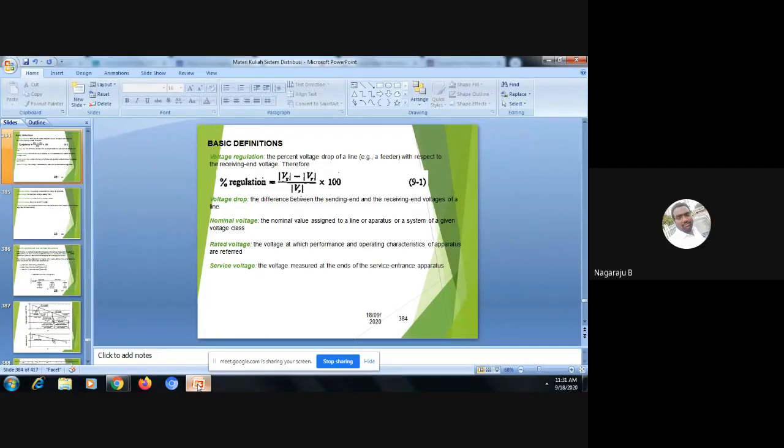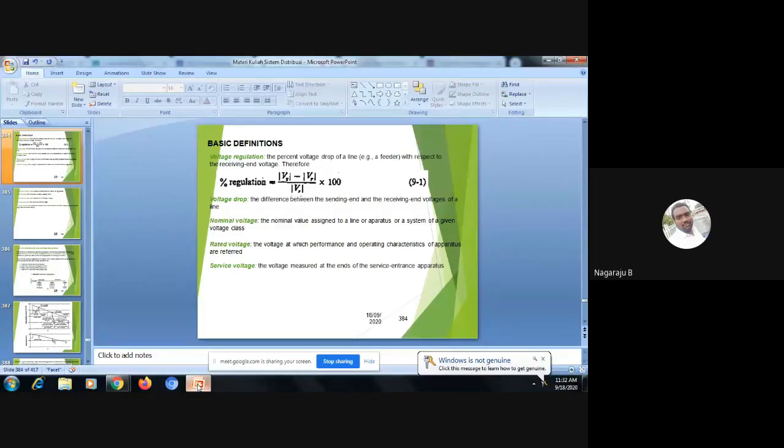It is the sending end voltage minus the receiving end voltage, divided by the receiving end voltage, into 100. Voltage drop is nothing but the difference between the sending end voltage and receiving end voltage of the line. Okay, this is about the voltage drop.